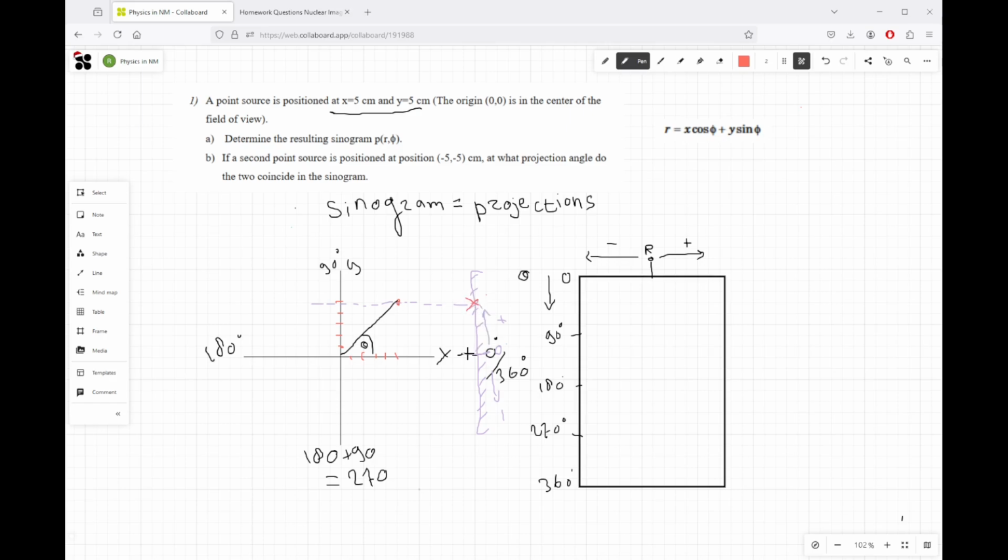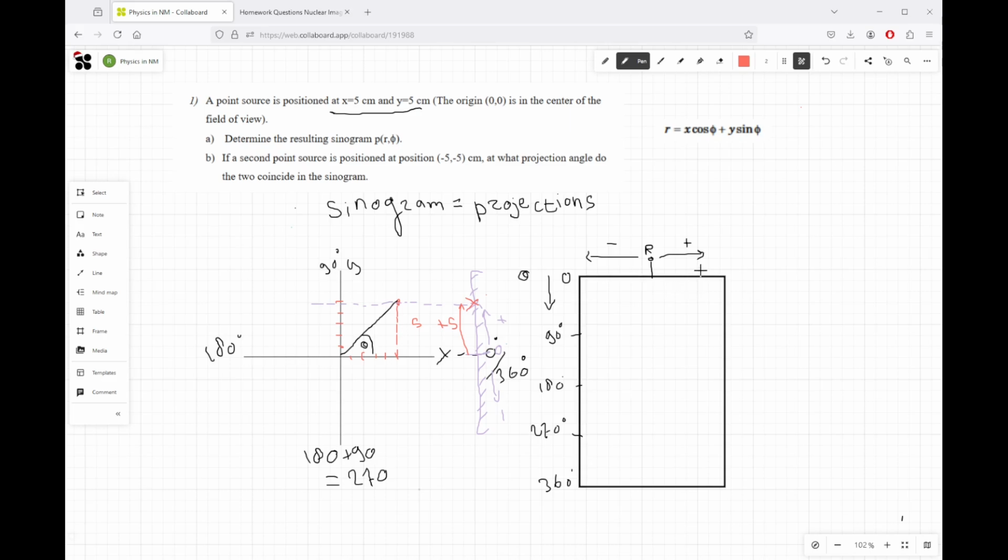So this means that this is a distance r. And what is this distance r? This distance r is 5. But is it negative or positive 5? In this case, because we defined this as the positive direction, this r is positive 5. So now, if we draw in the sinogram, we can put a mark at 5.